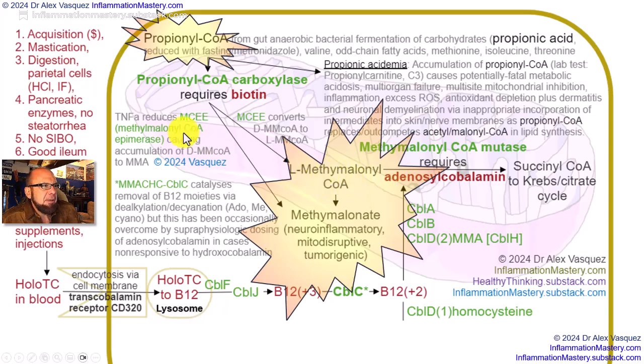So we have to use an enzyme, abbreviated here as MCEE, which is methylmalonyl-CoA epimerase, and that converts the D isomer of methylmalonyl-CoA into the L isomer of methylmalonyl-CoA so that it can be detoxified by methylmalonyl-CoA mutase, which requires adenosylcobalamin as one of the forms of vitamin B12.